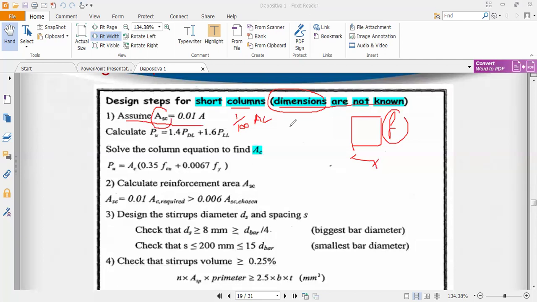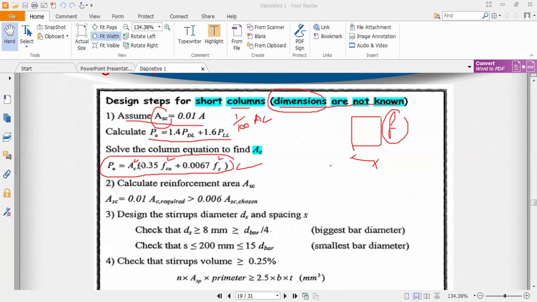Okay. Second step: P ultimate is equal to 1.4 dead load plus 1.6 live load. We have an equation, we have a formula, and we should maintain this formula. This formula comprises area C, FCU, F yielding.